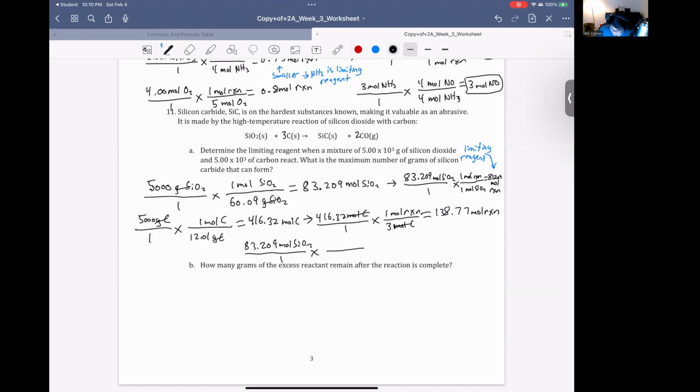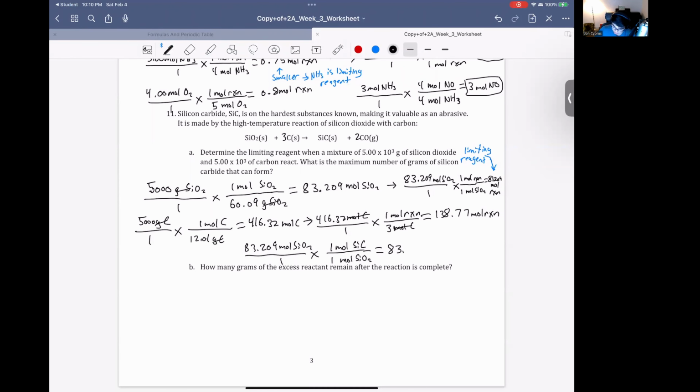So it is in a 1-to-1 ratio in this balanced reaction. So for every 1 mole of silicon dioxide, I get 1 mole of silicon carbide out. And we end up with 83.209 moles of SiO2.